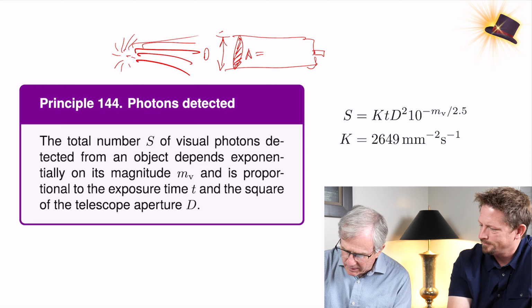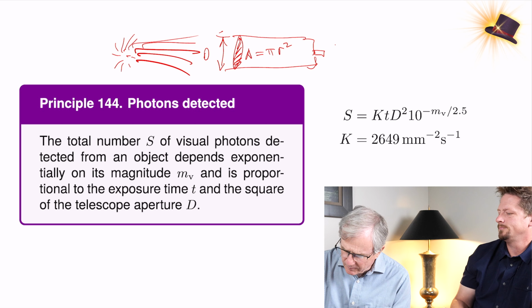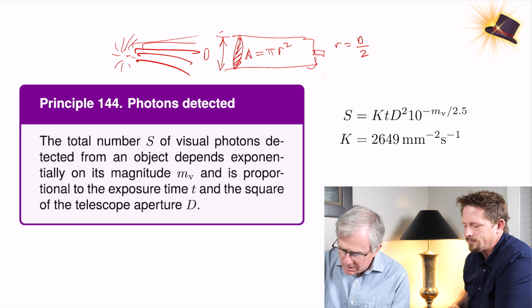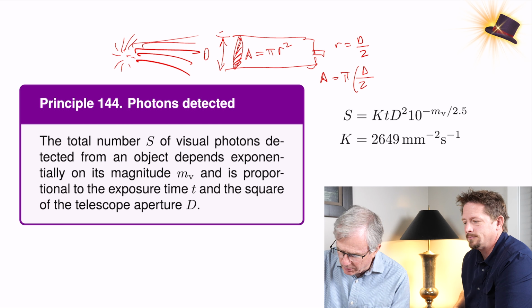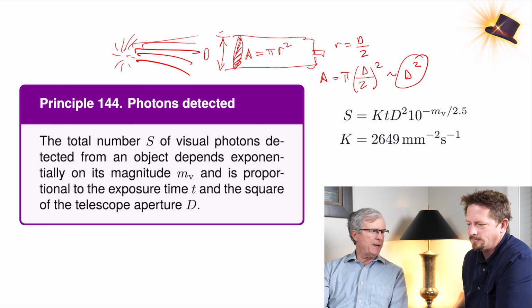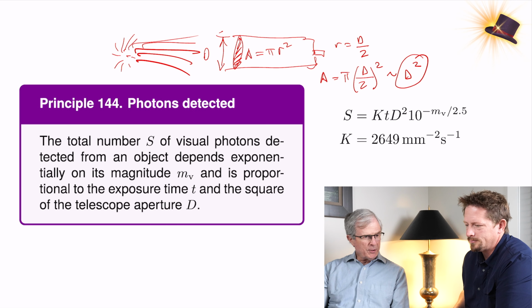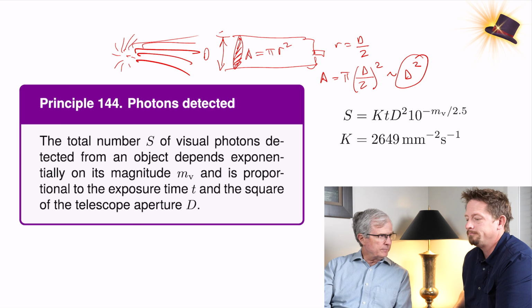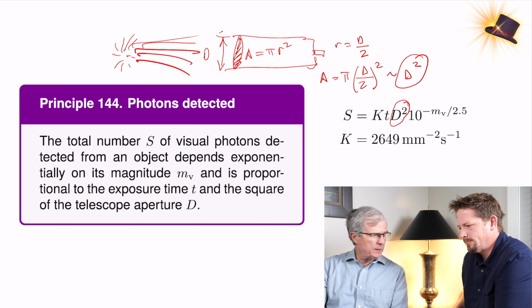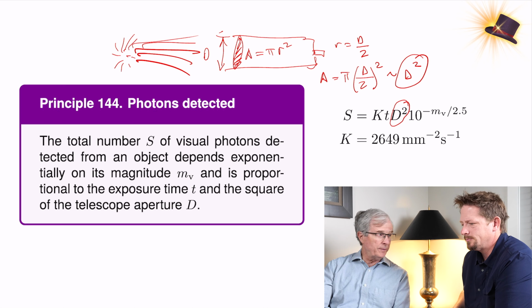That area is pi times r squared, but r, the radius, is the diameter divided by 2, so the area is pi times (d over 2) squared. Bottom line is that this area depends on the square of the diameter. If you double the diameter, you quadruple the area. That's why the number of photons detected depends on the square of the diameter.